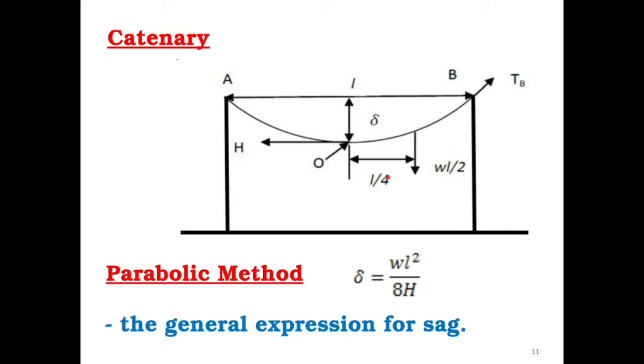If we equate these two moments, H times delta is equal to WL over 2 times L over 4, we will arrive at this equation, WL squared over H times 8. So WL squared over 8H is the general expression for sag, and into that weight, the weight of ice will come.